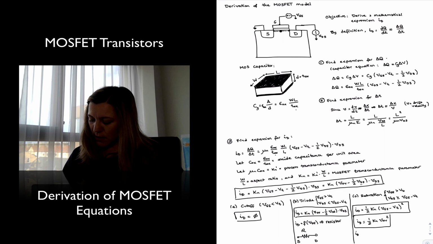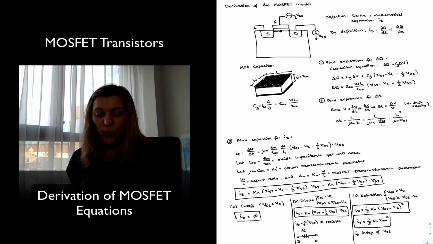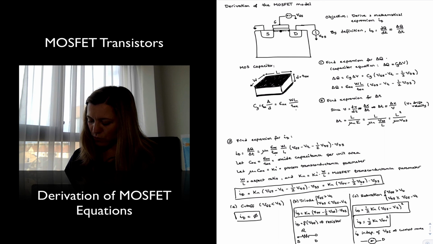We can see that ID is independent of VDS, excuse me. It's only dependent on the overdrive voltage squared, and so therefore I can model this as a current source. Current flowing from drain to source.